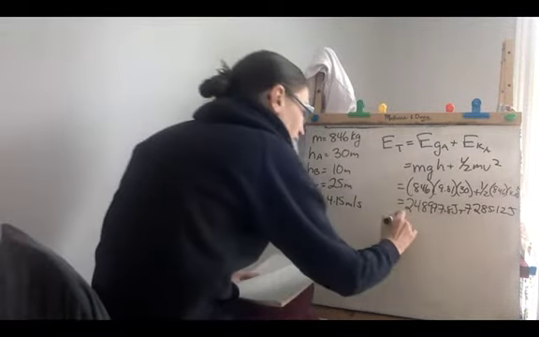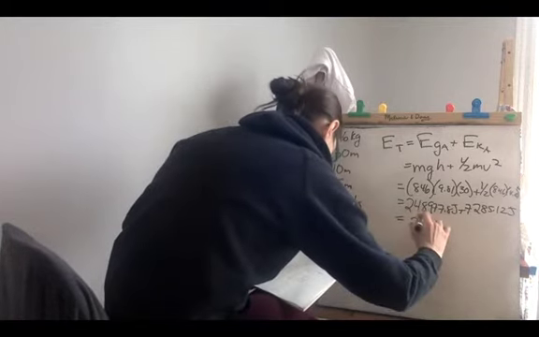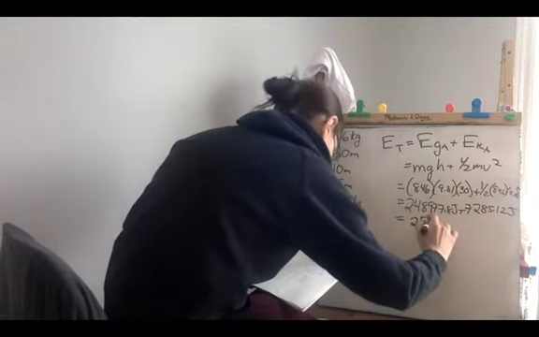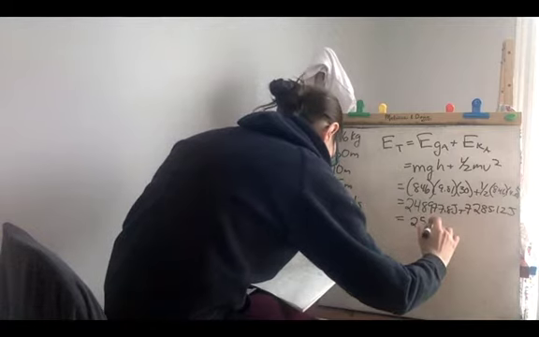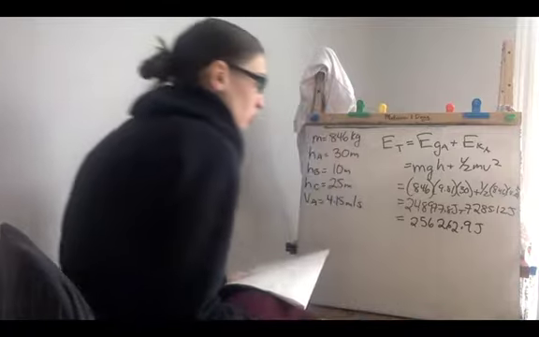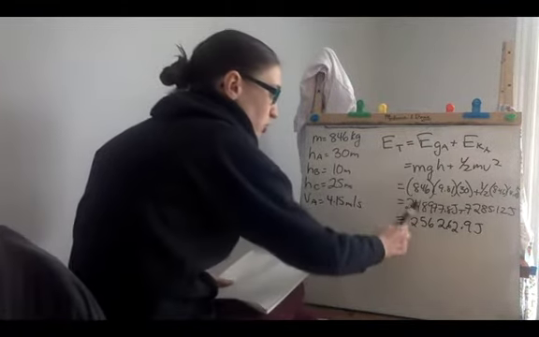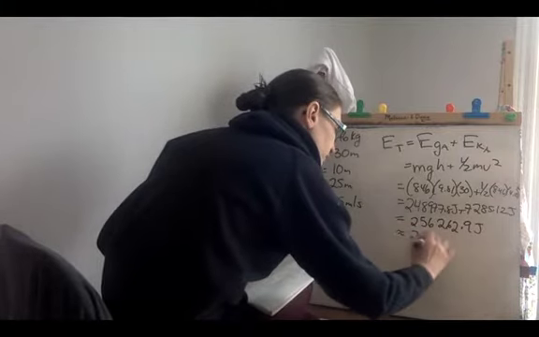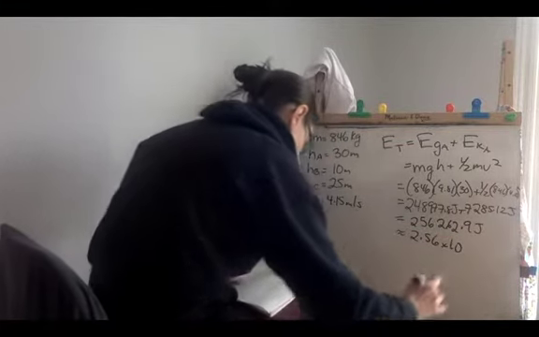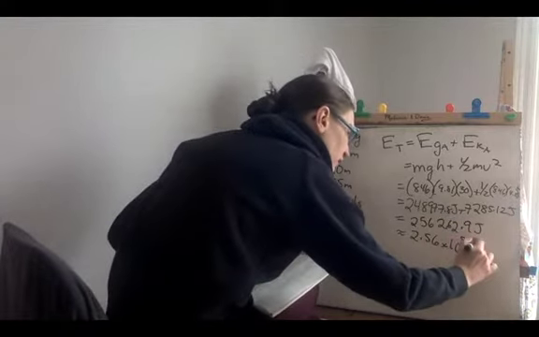And then you can just add those together, and what you get here is 256,262.9 joules. And if we use our 3 sig figs, it would just be 2.56 times 10 to the power of 5 joules.